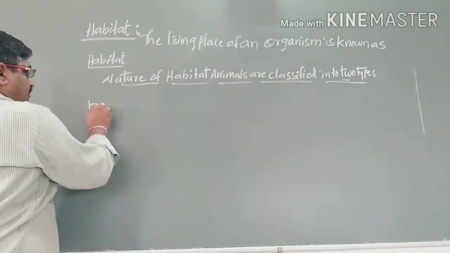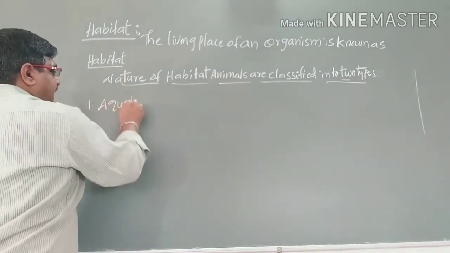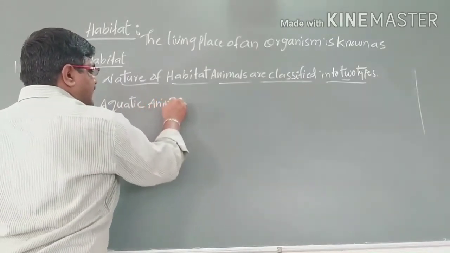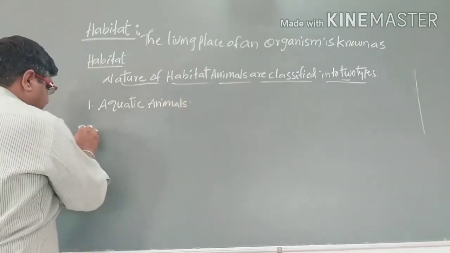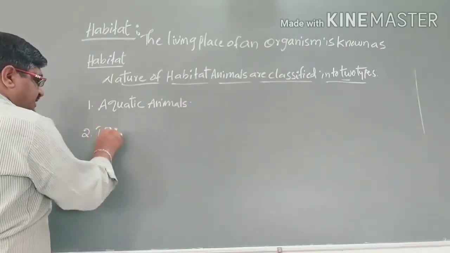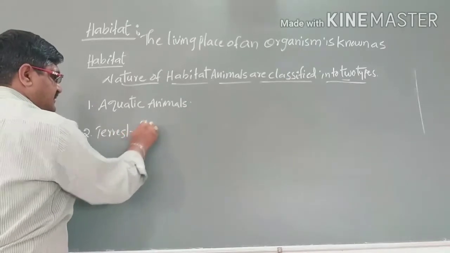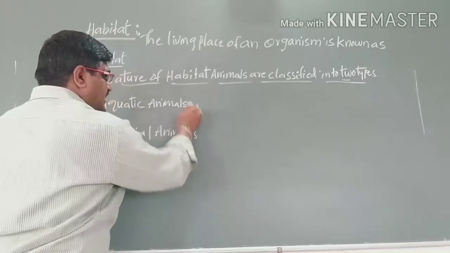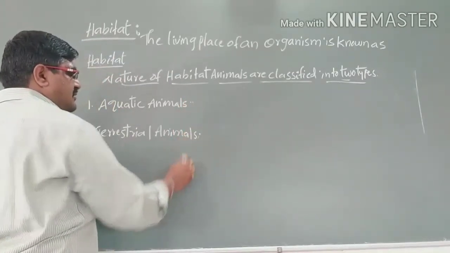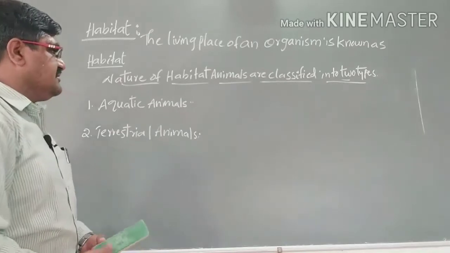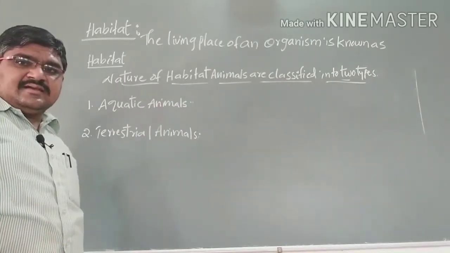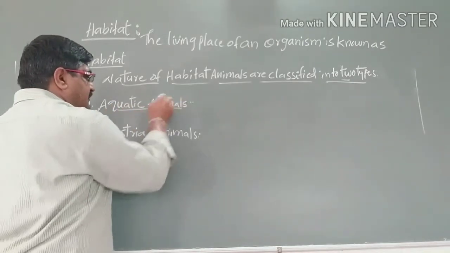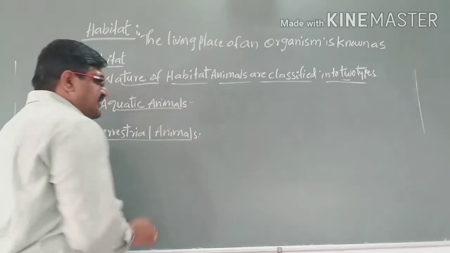One we can call the aquatic animals, and the second one is the terrestrial animals or terrestrial organisms. So here animals are classified into two types based on the nature of the habitat: one is aquatic animals, and the second is terrestrial animals.